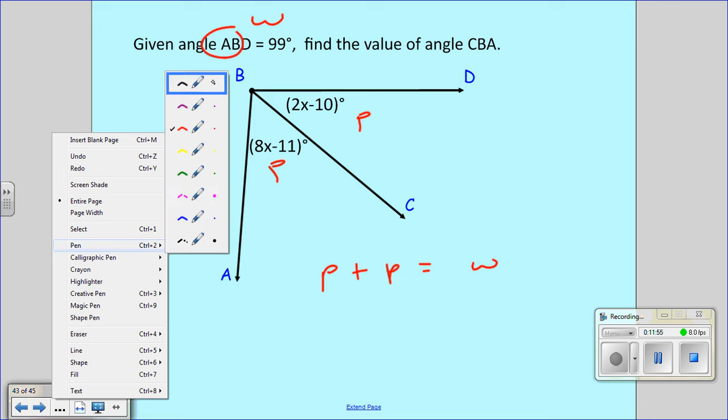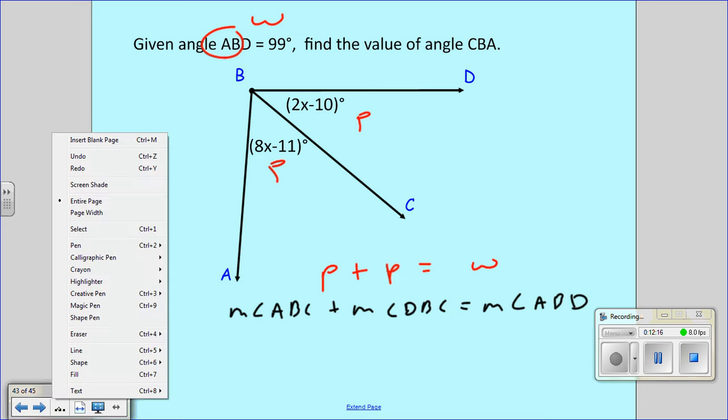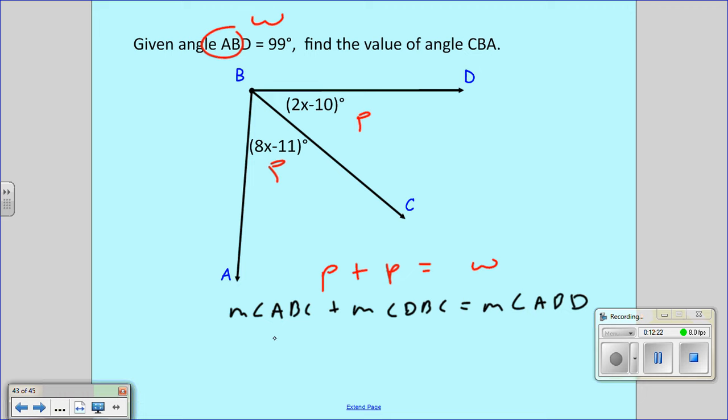In angle notation, you would have the measure of angle ABC plus the measure of angle DBC is equal to the measure of angle ABD. Now that we know that for a fact, put the algebraic expressions where they belong. So ABC was 8x minus 11. DBC was 2x minus 10. And ABD was 99.